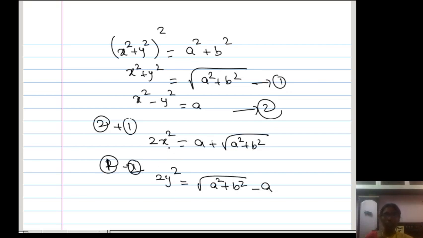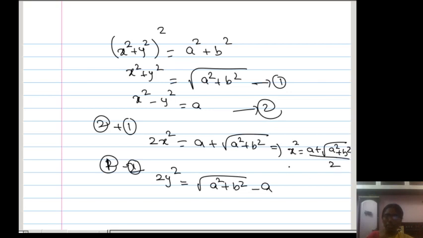Now what I need is to find the values of x and y. So how I am simplifying here: x square is equal to a plus under root a square plus b square, by 2.